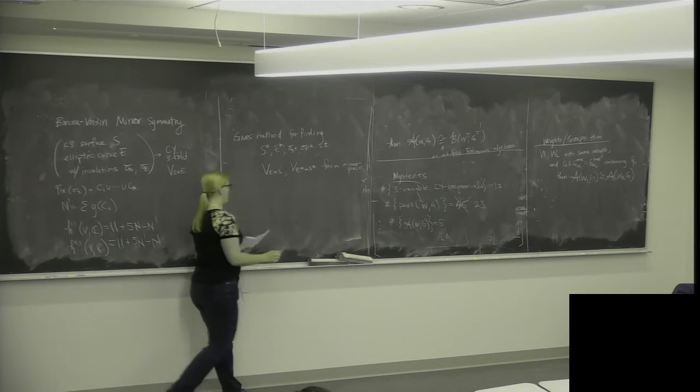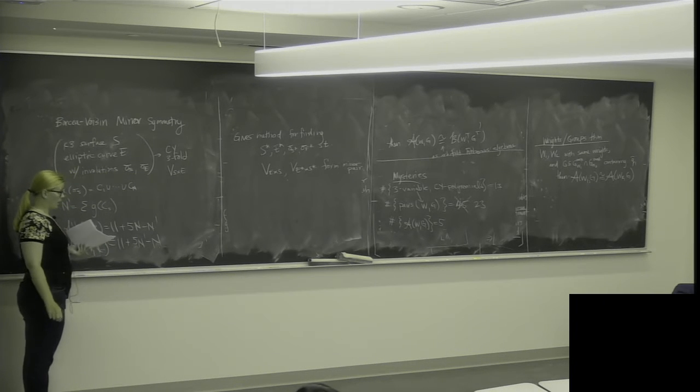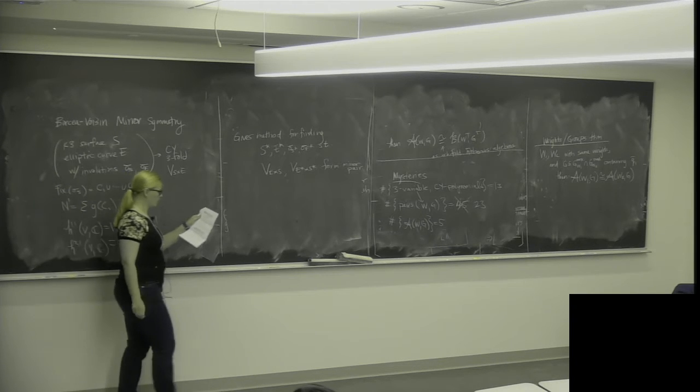All right, so we have this method, which we inherit from Borcea-Voisin, for constructing a mirror pair out of an elliptic curve and a K3 surface equipped with a non-symplectic involution.